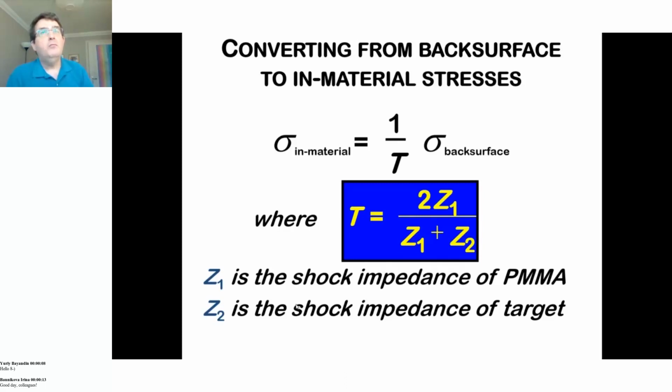There are a number of ways of arriving at that, but what we generally do is put one embedded gauge in the system. So we do know the stress within the target, and that gives us the stress level. And we put another gauge on the rear of the target to give us more detail with respect to the time resolution.